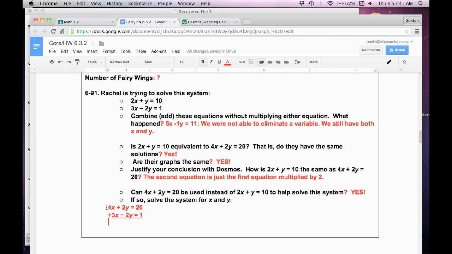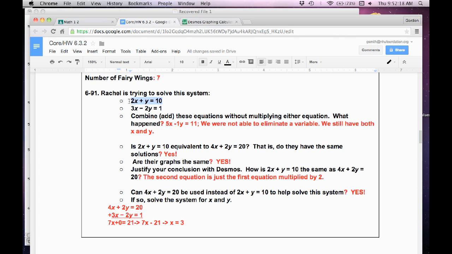So 4x plus 3x is 7x, and predictably 2y plus negative 2y is 0, and then 20 plus 1 equals 21. So we get 7x equal to 21, therefore x would be equal to 21 divided by 7, which is 3. So x equals 3. Now we'll take that x and substitute the 3 for x in one of the equations.